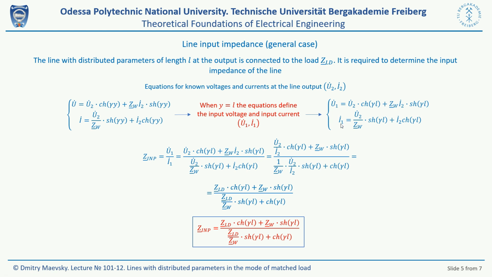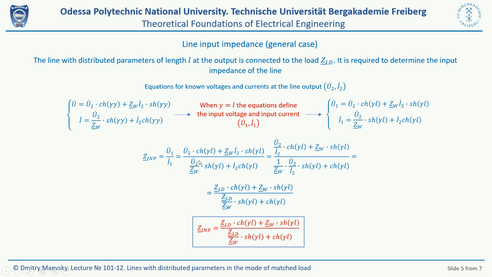Now, please pay attention. The input impedance of the line, which is what we are looking for, is the ratio of the voltage at the beginning of the line to the current at this point.